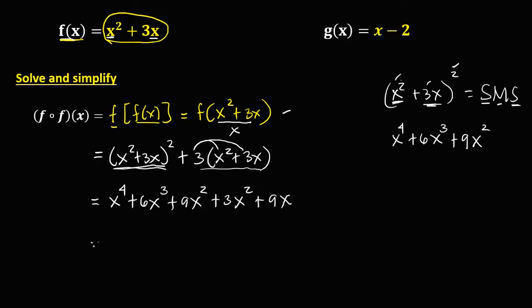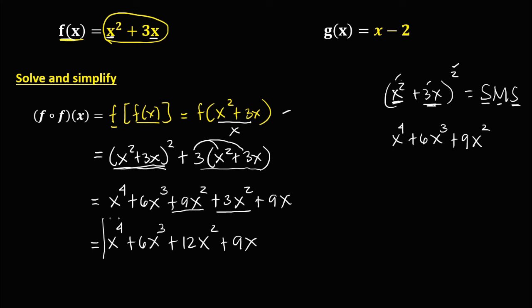Then combine like terms: bring down x to the power 4, bring down 6x to the power 3. Then we can combine 9x squared and positive 3x squared, which is positive 12, so bring down x squared, then plus 9x.